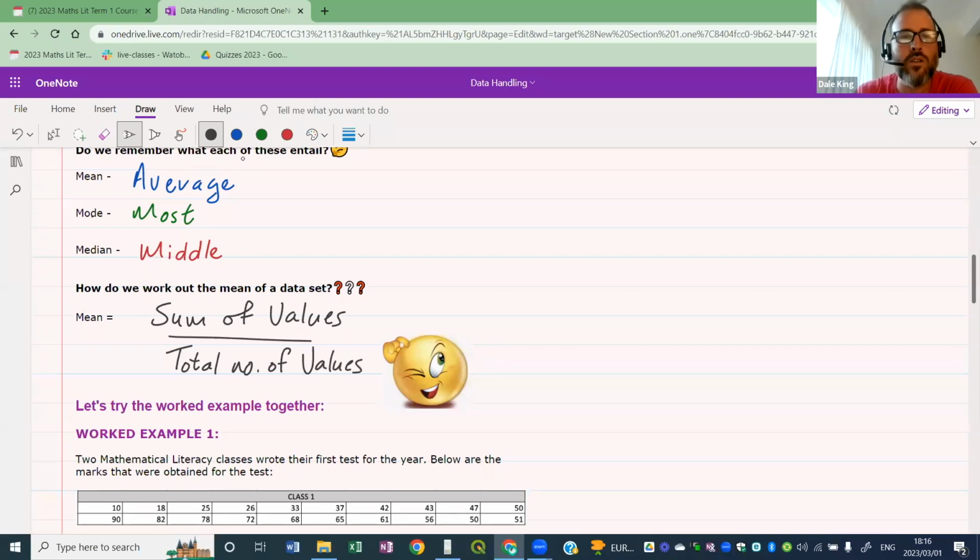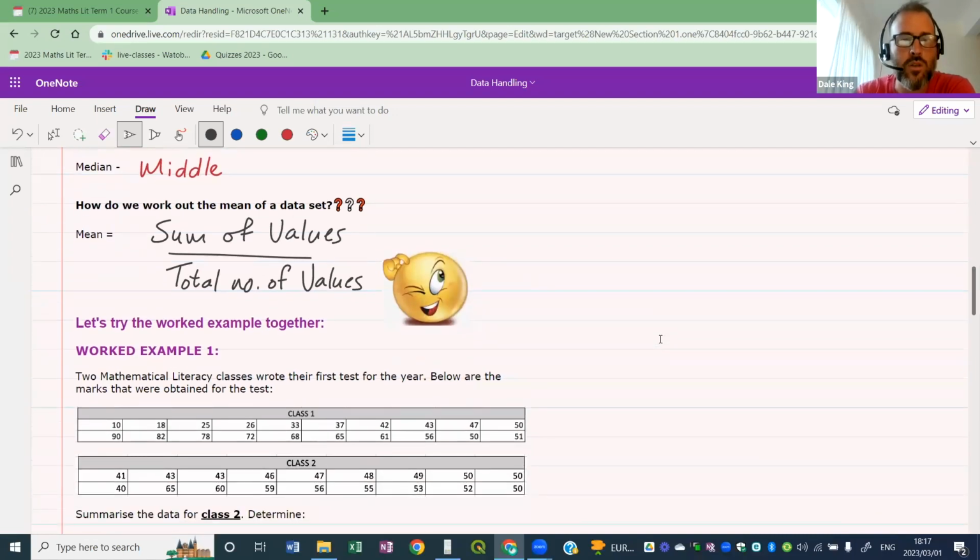All right, so that keyword there, sum, you need to add up all the values in the data set. All right, which takes time. This is the issue with data handling. There's a lot of calculations that take time here, so you've got to try and be as efficient and as fast as possible when doing these calculations.